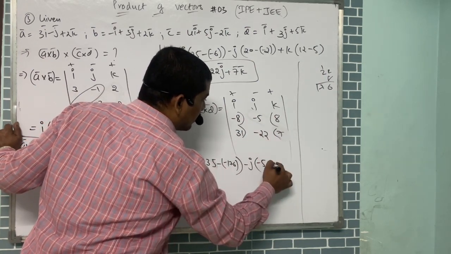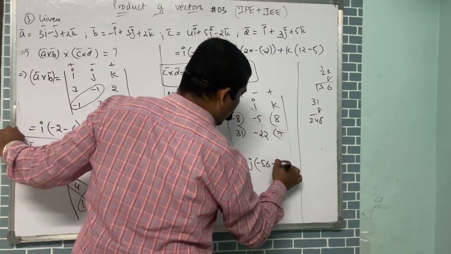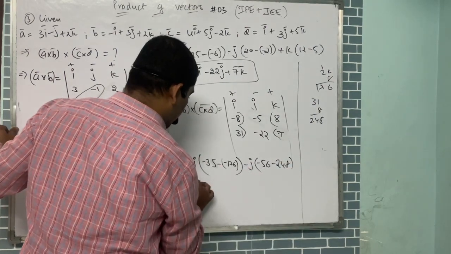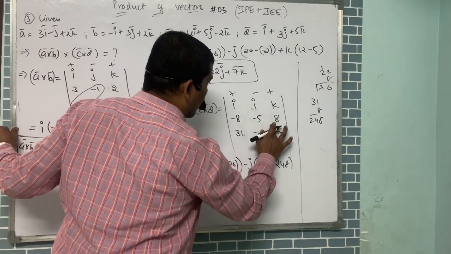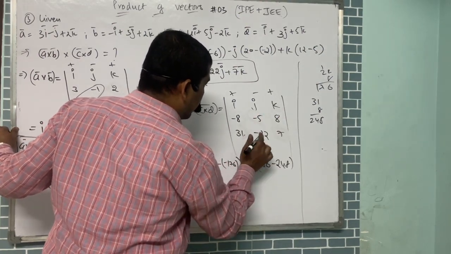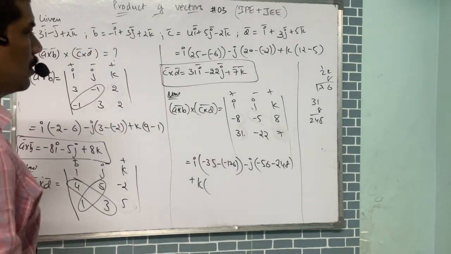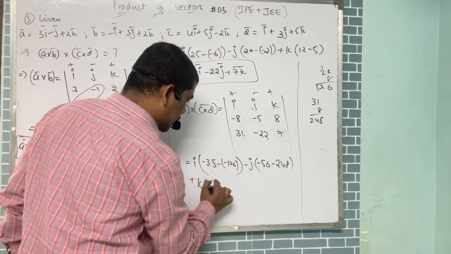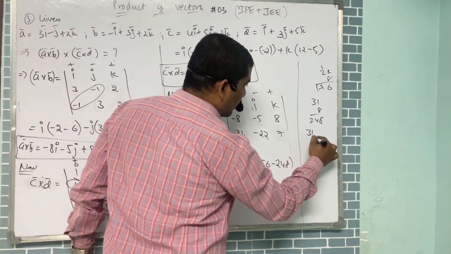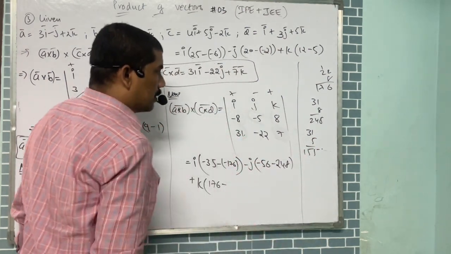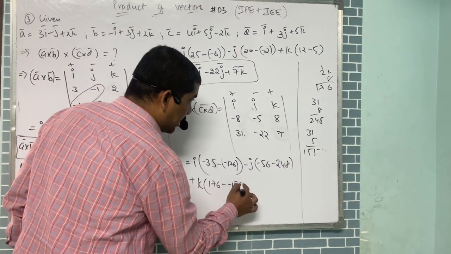BC 31 into 8. 8 3 is 24, 248. Plus K, AD. So 22 into 8 again. So minus into minus plus. So 176 minus BC 31 into 5. 15, 5 3 is 15, right? So this is minus 155.